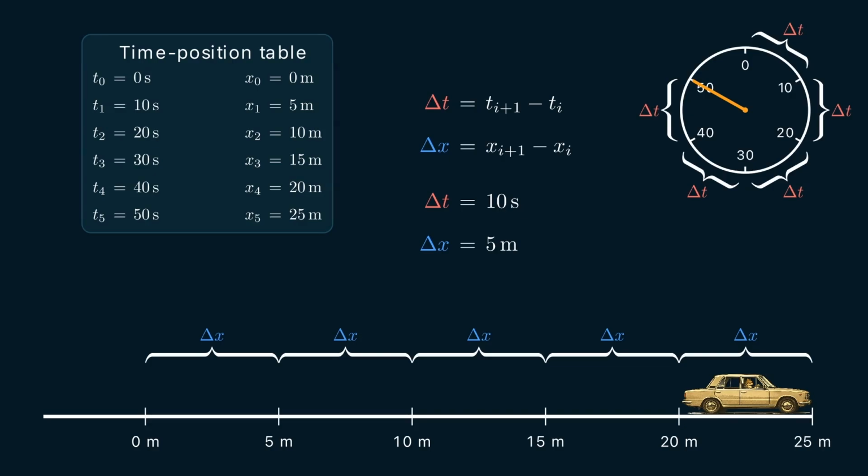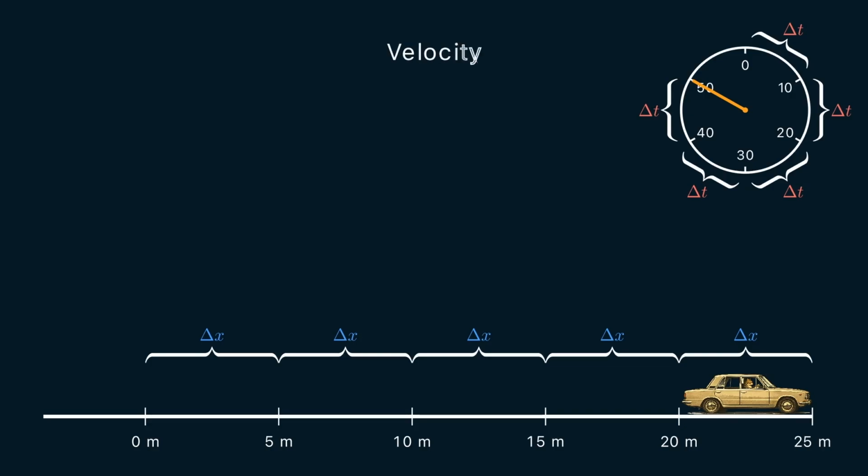And that brings us directly to the definition of velocity. The velocity v is defined as the distance covered per unit time, so delta x divided by delta t. This is why velocity always has units such as kilometers per hour or meters per second. In our example, that is 5 meters in 10 seconds.